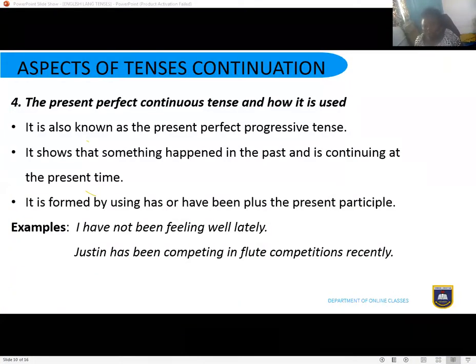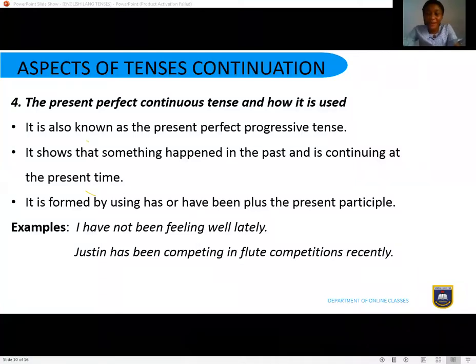Good. How do you understand this first sentence, I've not been feeling well lately? Okay, it's taking place at that very moment.